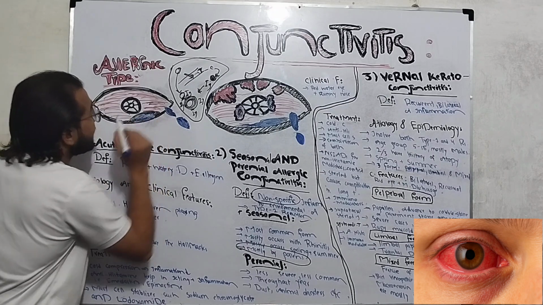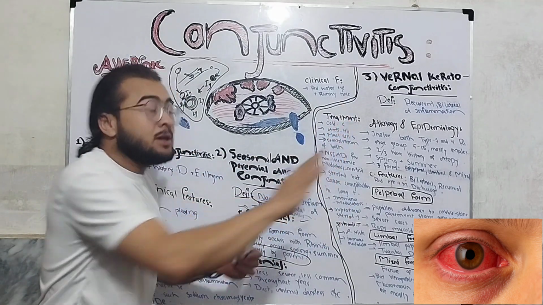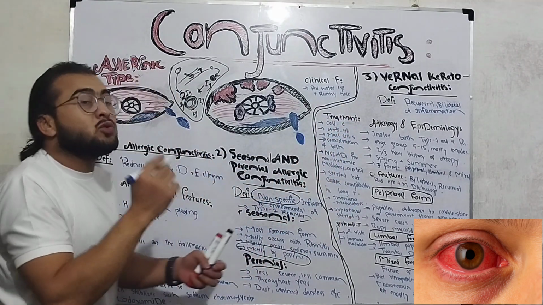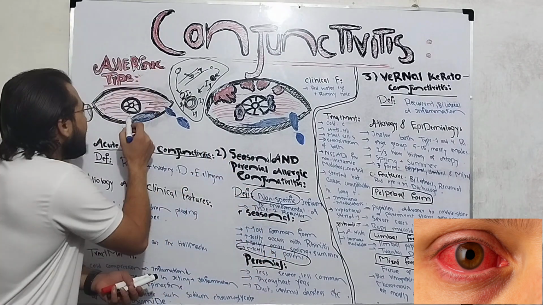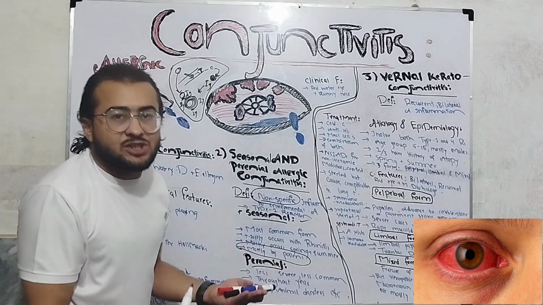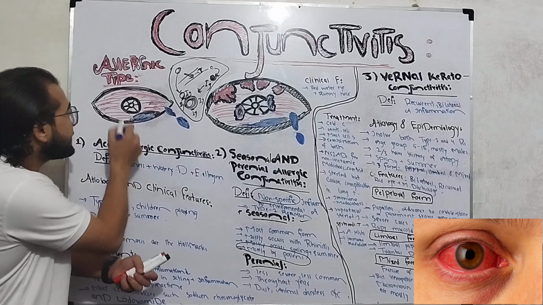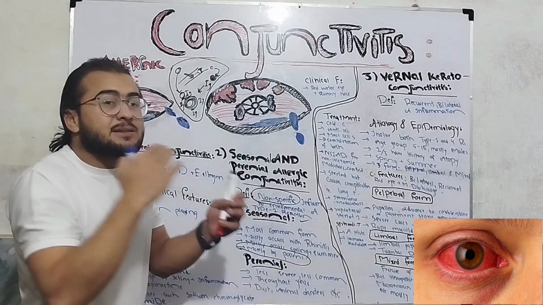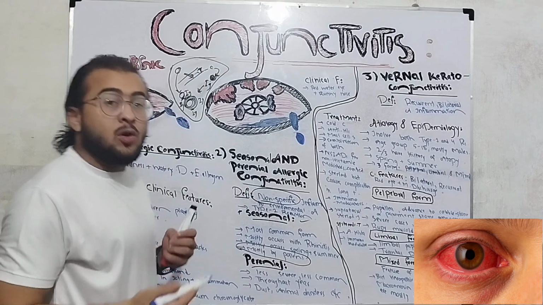The edema will bulge the conjunctiva outward. This bulging of conjunctiva due to edema is called chemosis. In simple words, chemosis is edema of the conjunctiva. So chemosis, this edema, and itching are the hallmarks of acute allergic conjunctivitis.